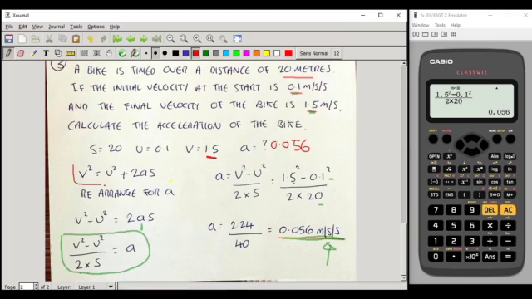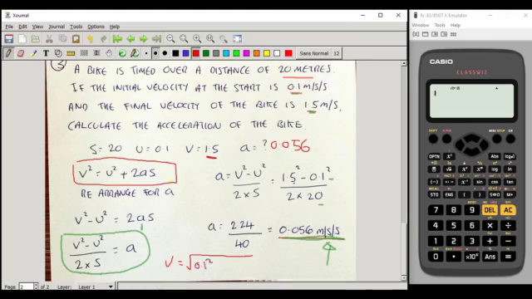So we could use this formula now to find V. And if we get 1.5, I'm quite happy that my 0.056 is all right. So V is going to be the square root, like we've done before. U we know is 0.1 still.